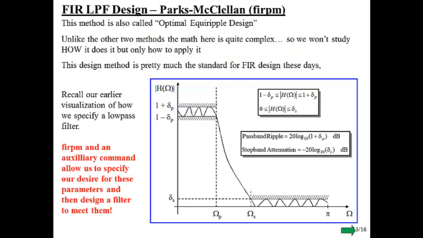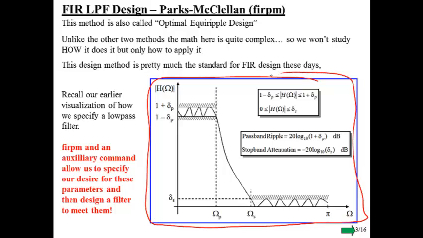Now the last design method that we'll talk about is called the Parks-McClellan, and this is really pretty much the optimal design method that's around today. It's called optimal equal ripple design, and we've seen this picture before.